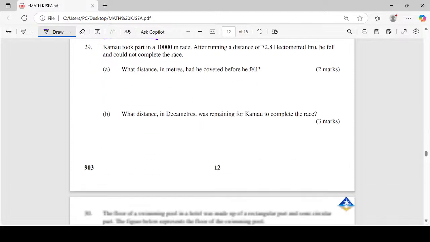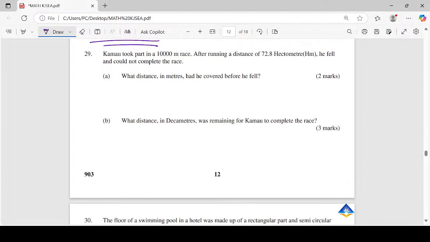Let's look at question 29. Kamau took part in a 10,000 meter race. The distance he had covered before he fell.